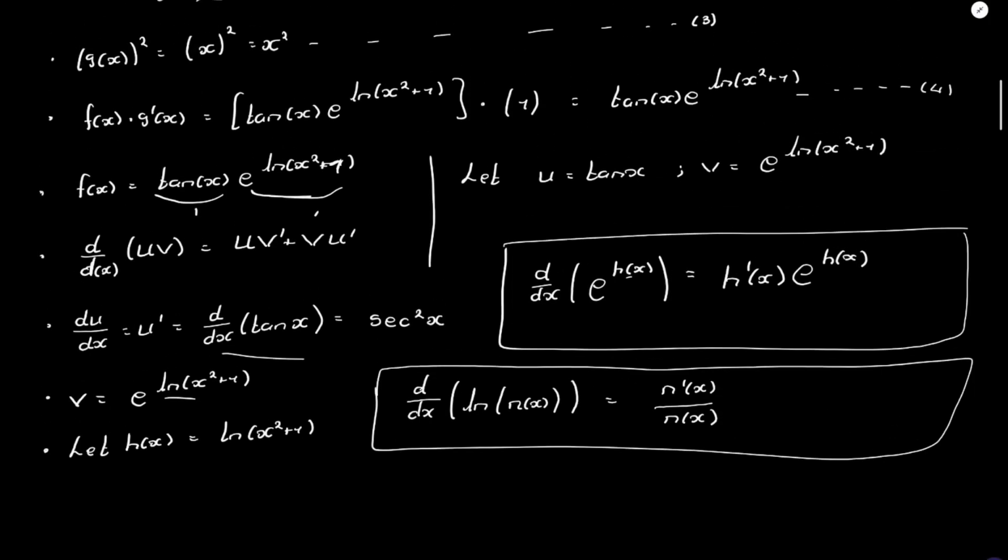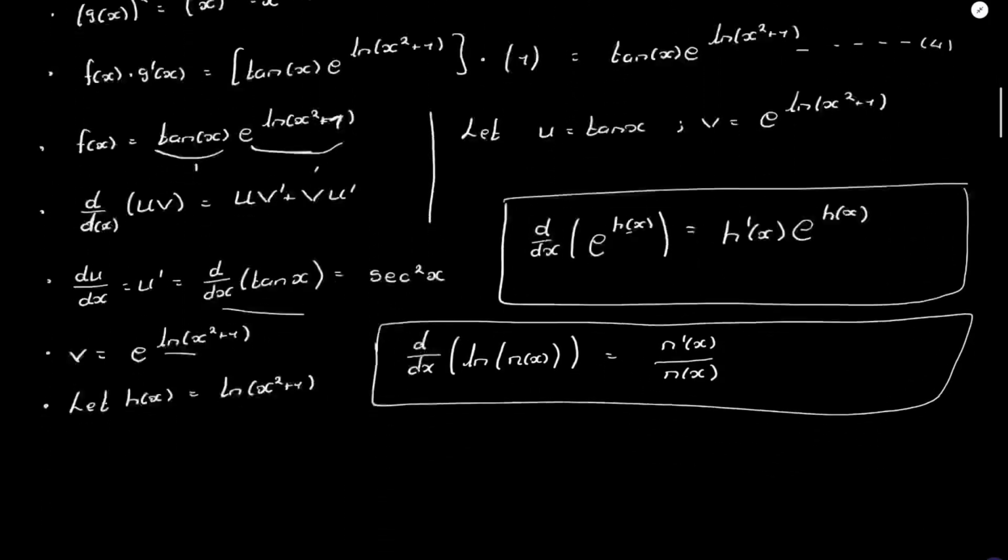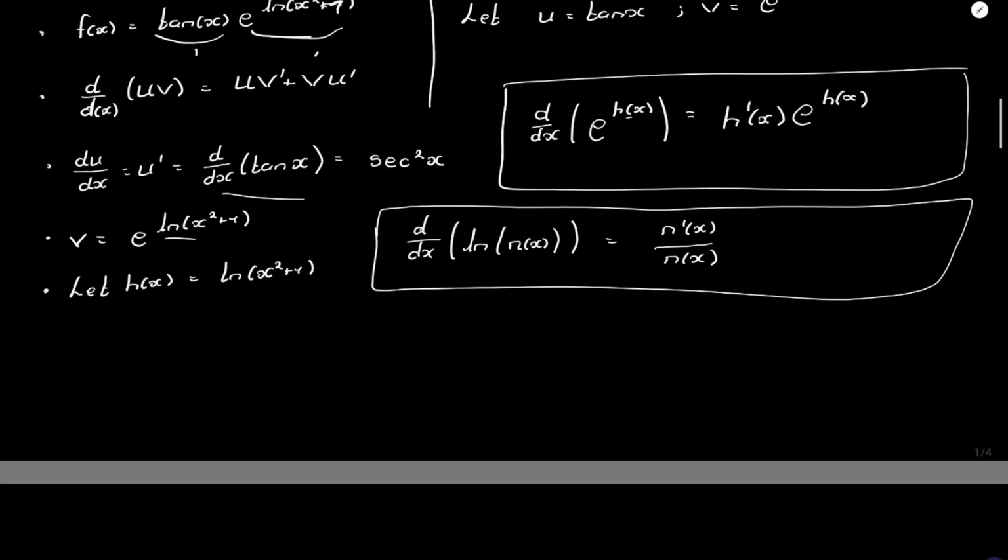Sorry if there are many recalls. It's just that the function is a little bit complex, but I'm sure it's at least coherent enough and well enlisted for easy comprehension. So let's work with this. What is our n of x? We all know. Let n of x be the function x squared plus 1.